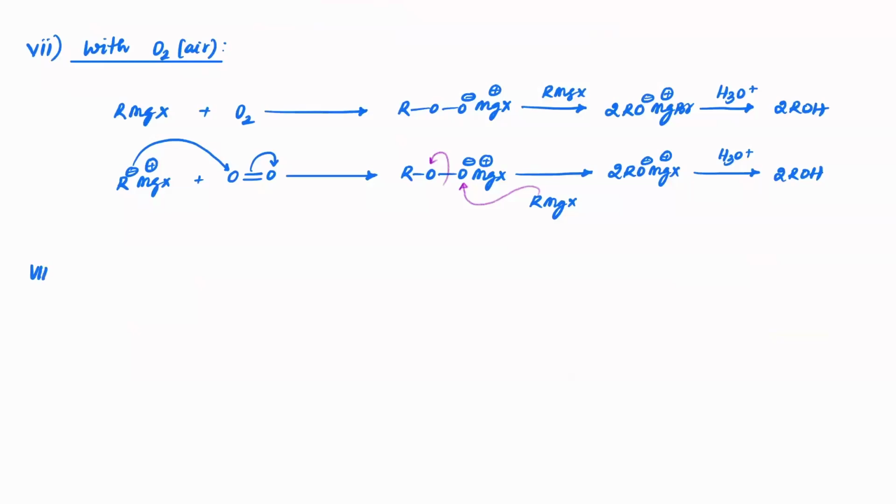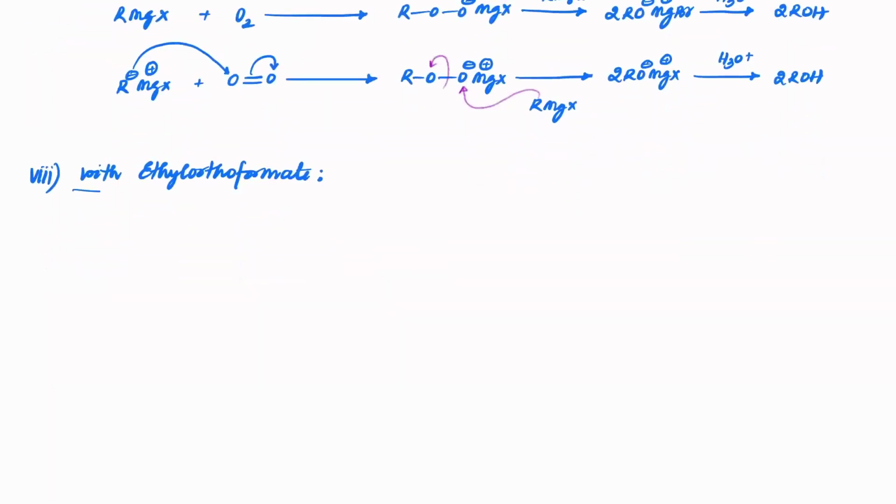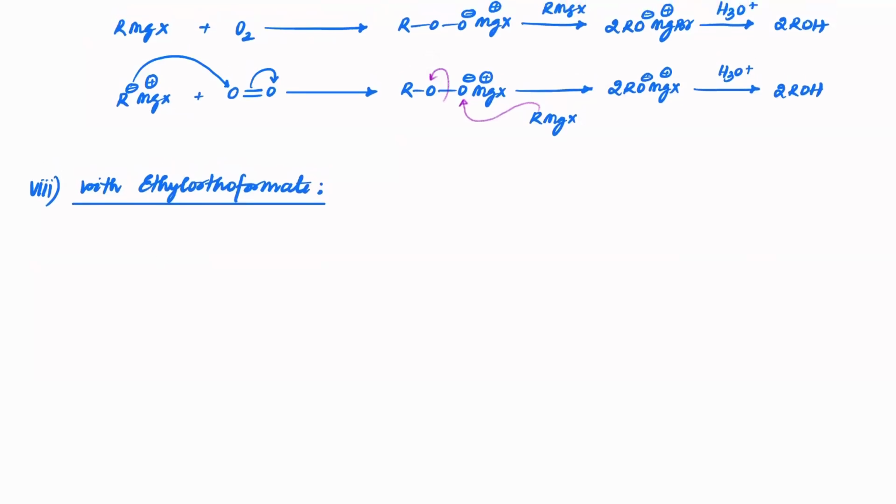Next reaction is with ethyl orthoformate. So if I have RMgX reacting with HC(OEt)3, that is OEt, OEt and OEt, this is called ethyl orthoformate, right?